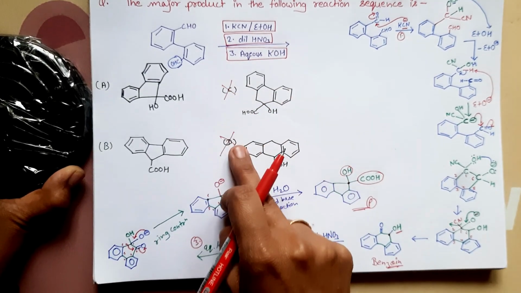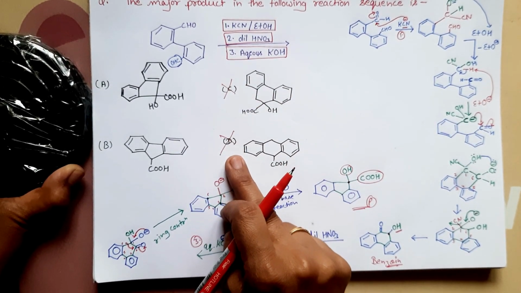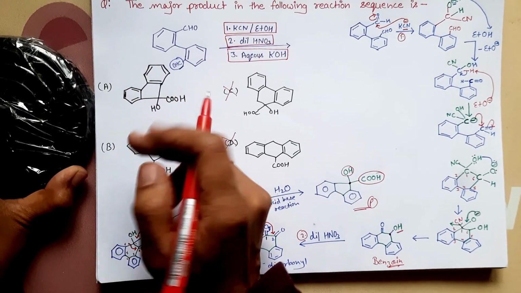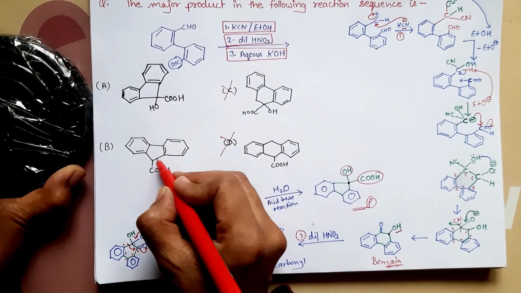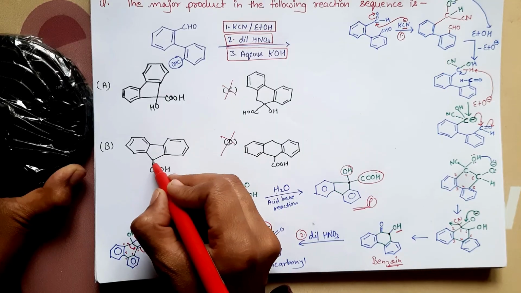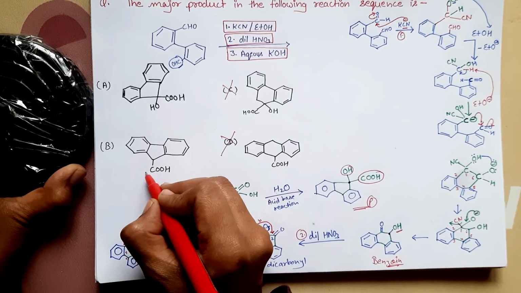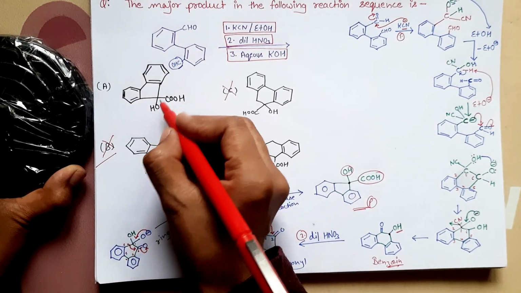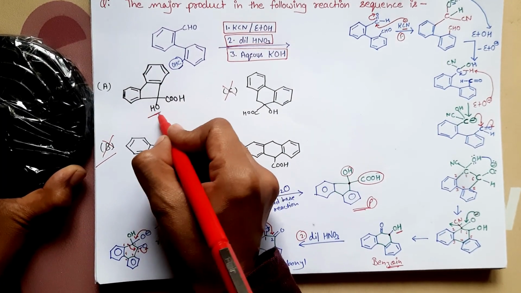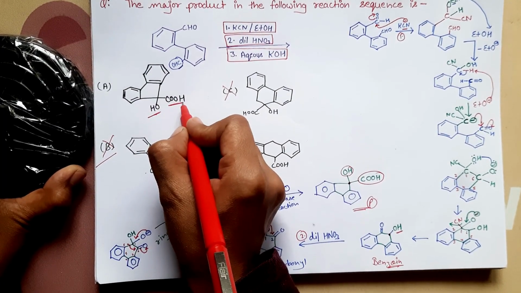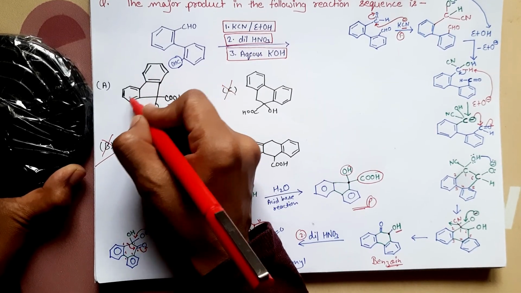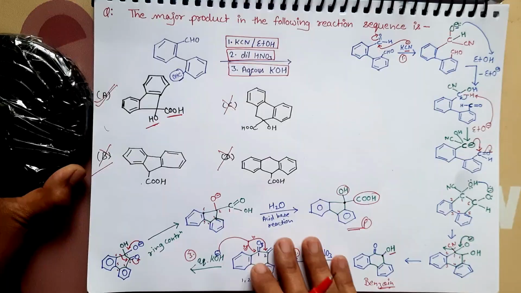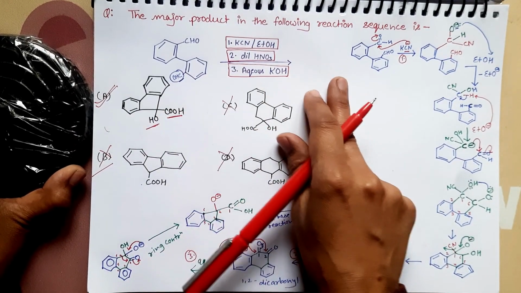Now check between A and B. In option B a 5-membered ring is present but the hydroxyl group is absent, so you can eliminate this option also. In option A, the hydroxyl group is present, one carboxylic group is present, and there is a 5-membered ring between two phenyl rings. So option A is correct for the given reaction.